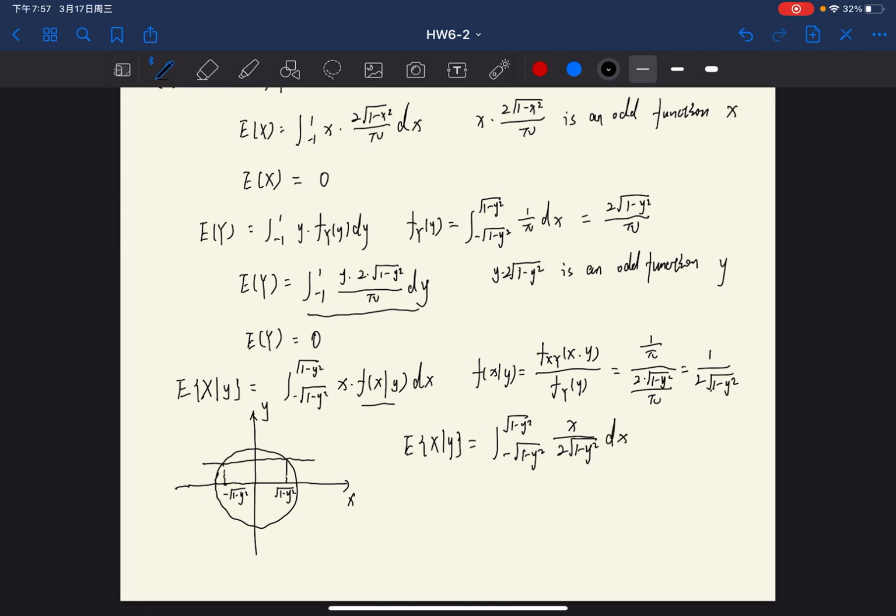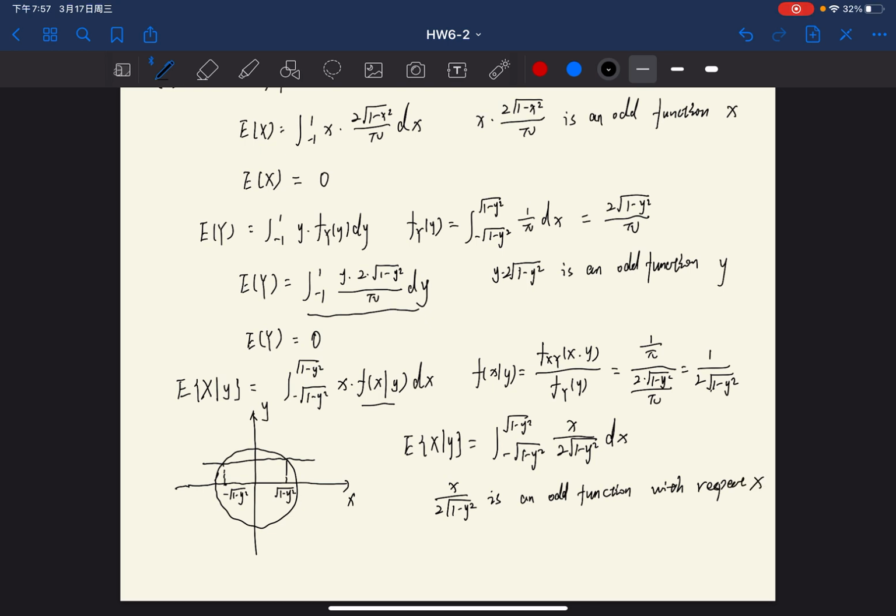and we can also find that the function x divided by 1 divided by 2 multiplied by the square root of 1 minus y to the power of 2 is an odd function with respect to x.